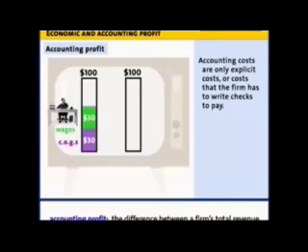That means $100 worth of revenue minus $30 worth of wages minus $30 for cost of goods sold leaves an accounting profit of $40. $100 minus $60 in total expenses. So the accounting profit in this case is what's left over, and that is equal to $40.